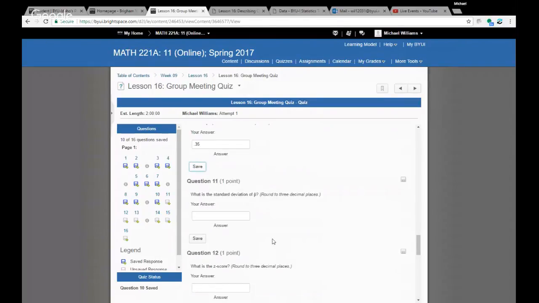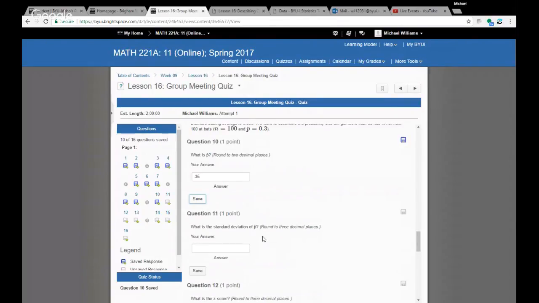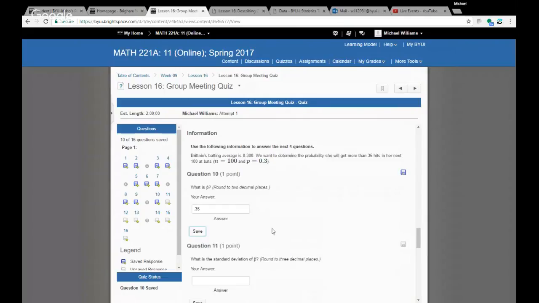So then we're back to the standard deviation, which again is going to be the square root of P, which is 0.3, times 1 minus 0.3. Oh yeah, right.